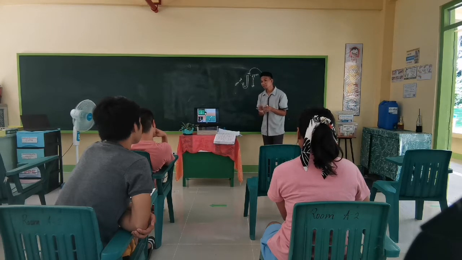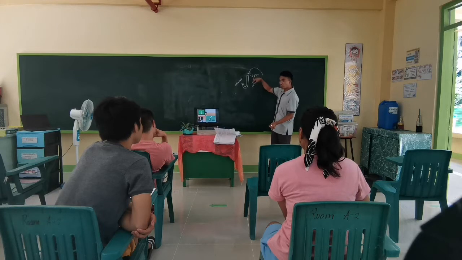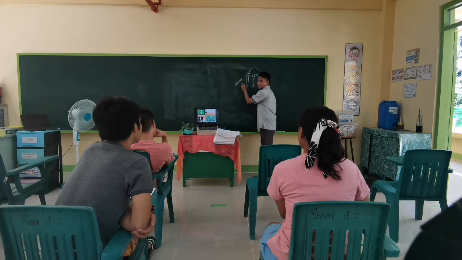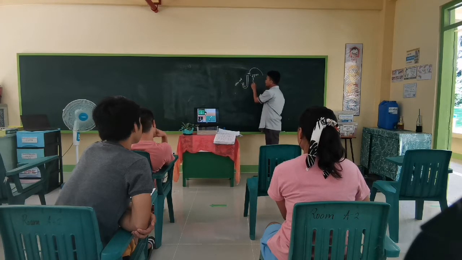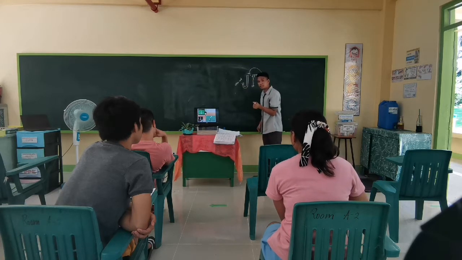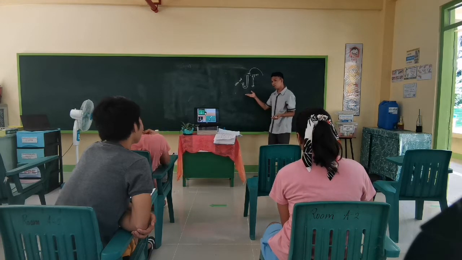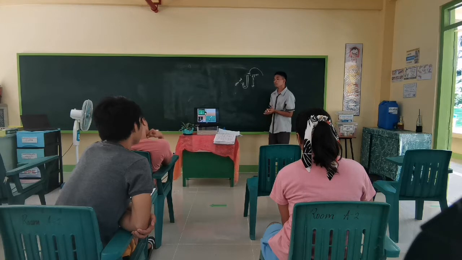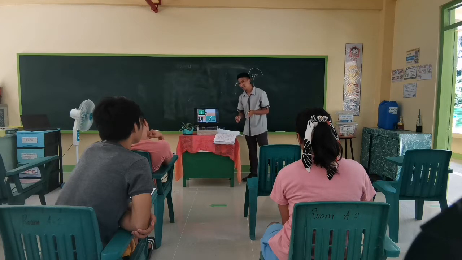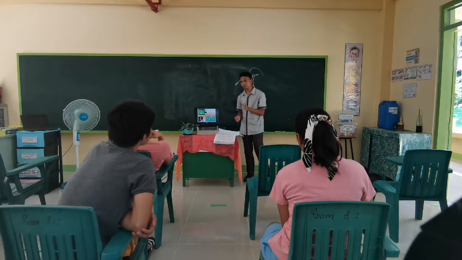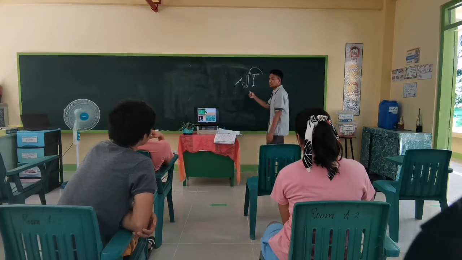So this means once you pour some more mercury inside the J tube, the volume here is decreasing and the height of the mercury is increasing. Based on this simple experiment, he was able to come up with Boyle's law, the relationship of the pressure and the volume. It's just a simple experiment.